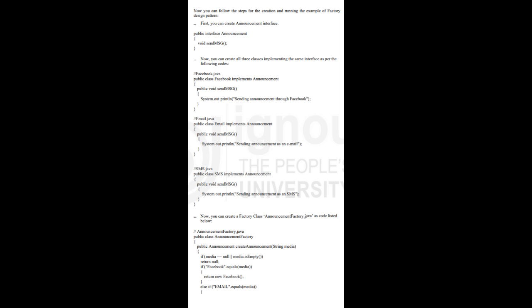Create another class called SingletonExample to get the only instance from the SingletonClass. The code of this class is listed below. SingletonExample.java: public class SingletonExample, public static void main, String args, get the instance created by SingletonClass. instance equals SingletonClass.getInstance, instance.display.